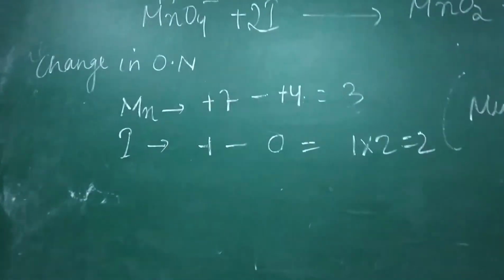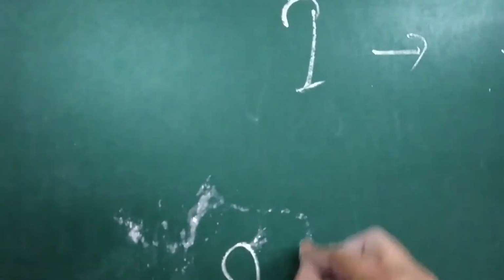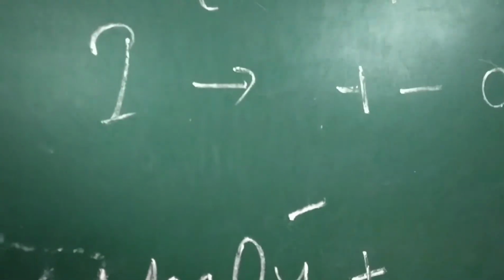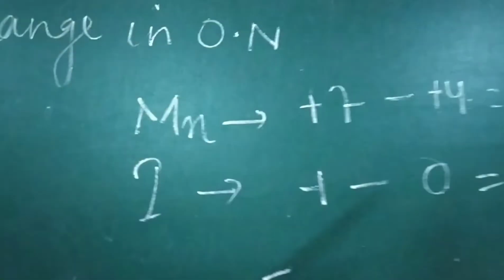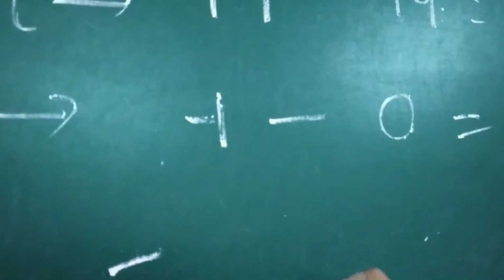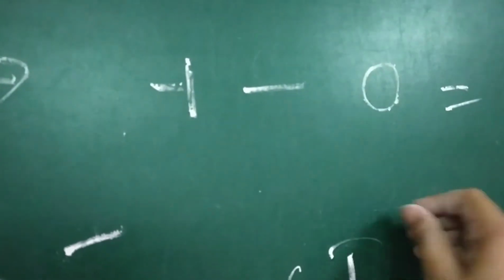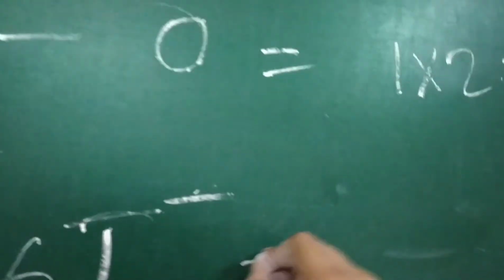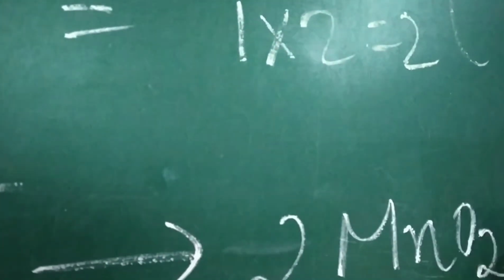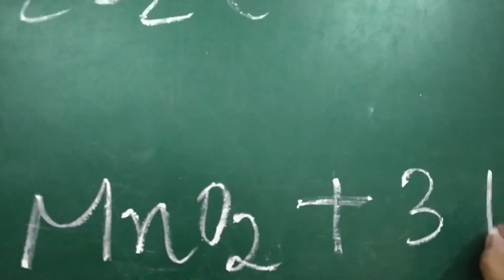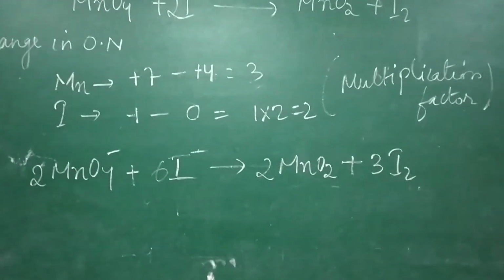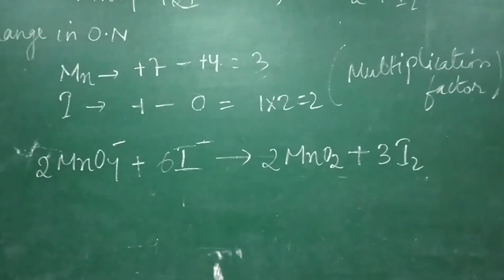So we will write 2MnO4 minus plus 3 with the iodine part, so 2 into 3 is 6I minus, giving 2MnO2 plus 3I2. Okay, so this is done. Manganese is balanced, iodines are balanced.